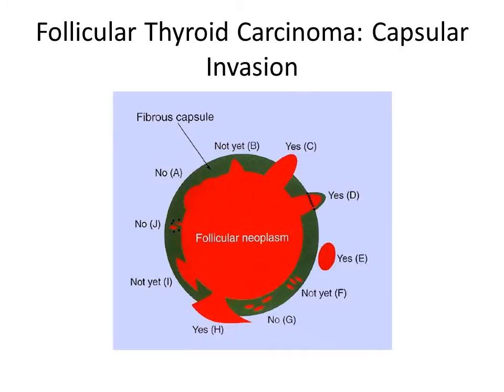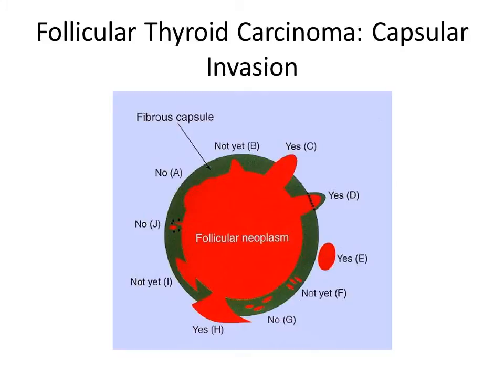reported or recommended by many of the societies is to follow this diagram. And this explains how you would consider capsular invasion as, for example, in part A, no, because you have only a pushing border, similar to B, but C, D, and E do represent capsular invasion.